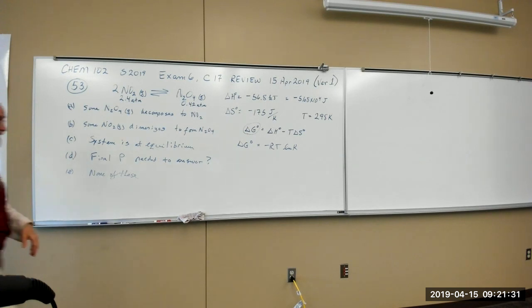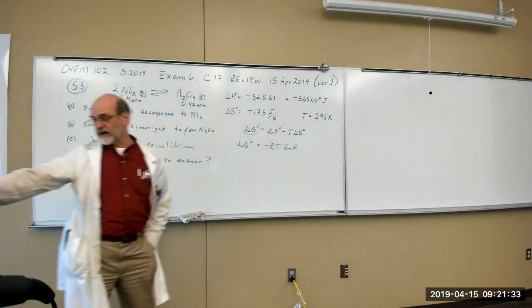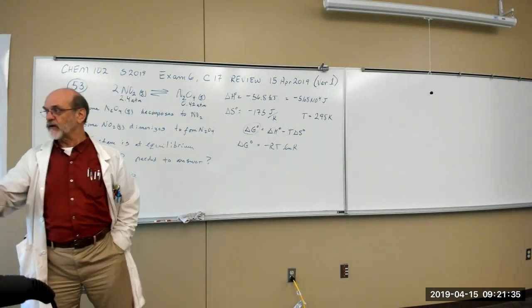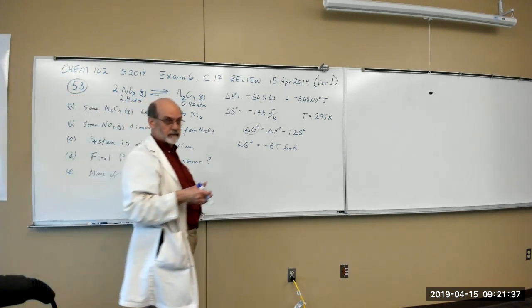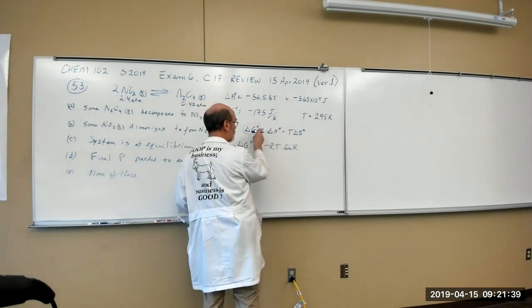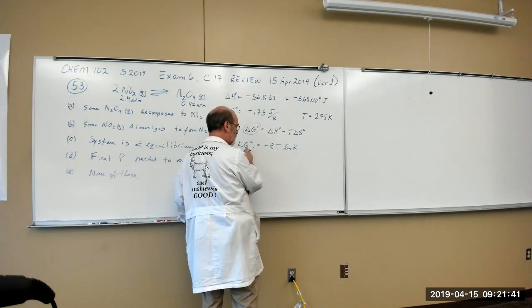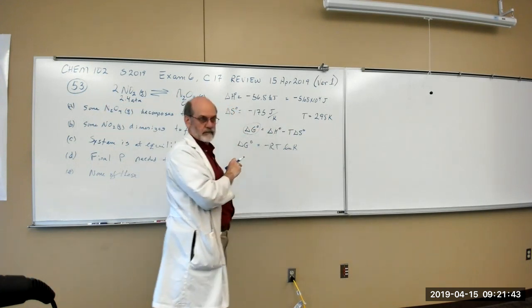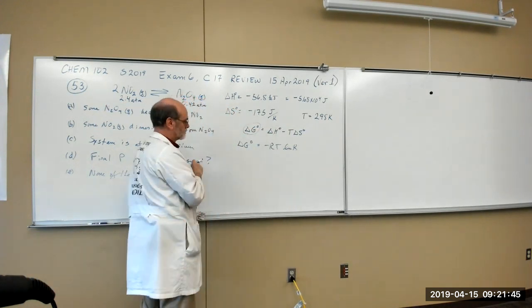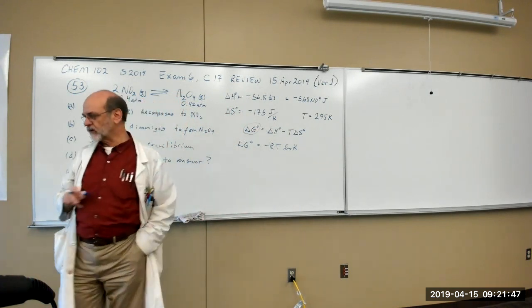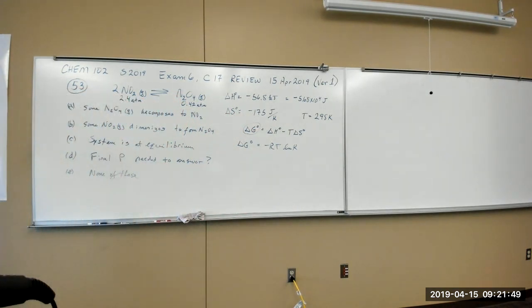We eventually have to get to K. When I did it here, I combined both of them and did one calculation. But you can do this calculation to find delta G, plug it in here and find K. So why don't we do it that way?